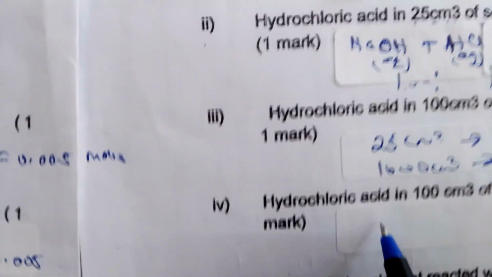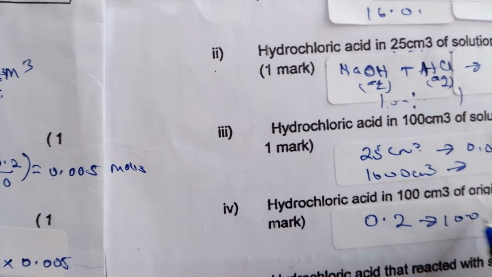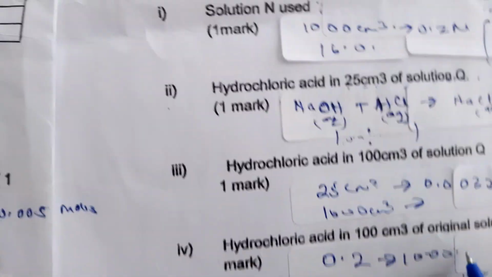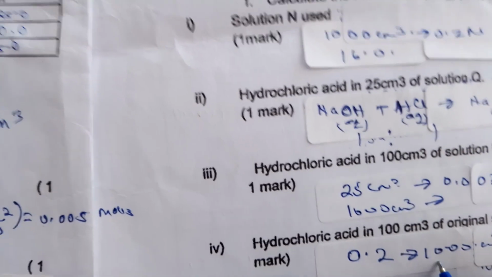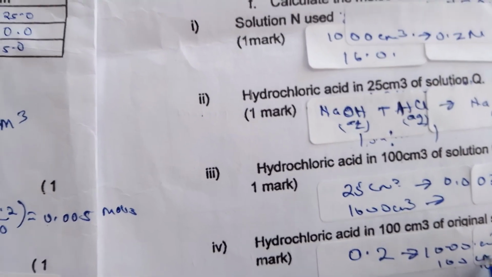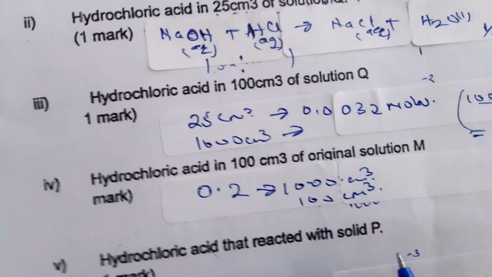So, in this case, we will just ask ourselves: if 0.2 has 1,000 cubic centimeters, what about in 100 cubic centimeters?